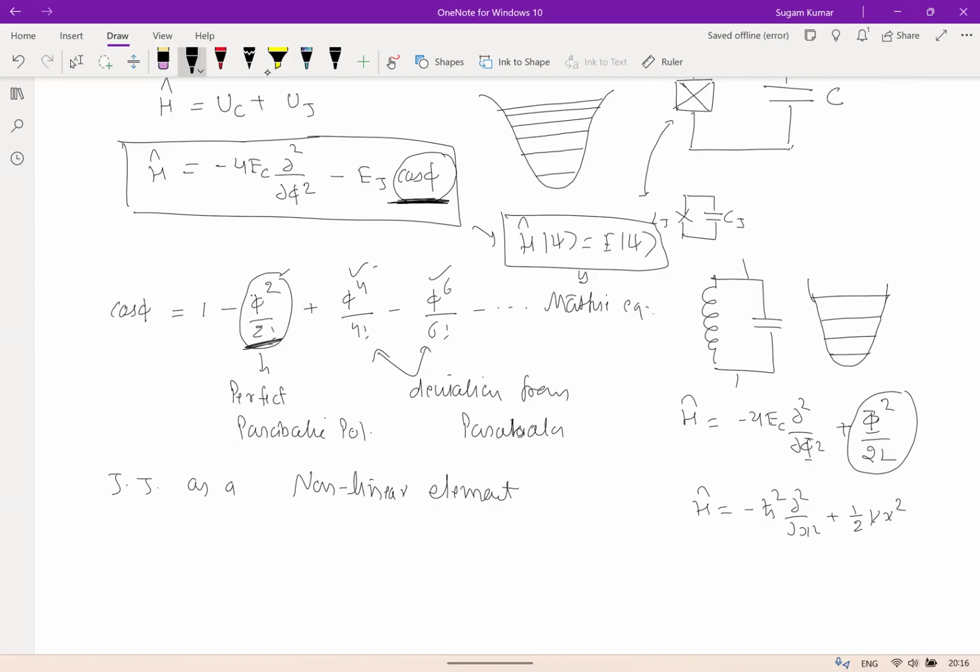Because of this non-linearity, it contributes a non-linear inductance.